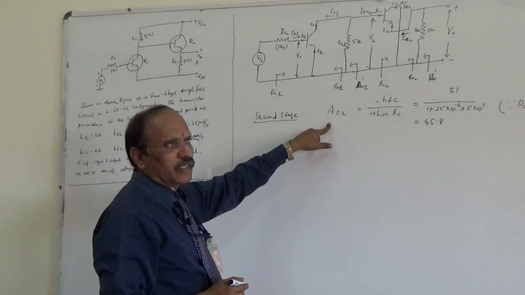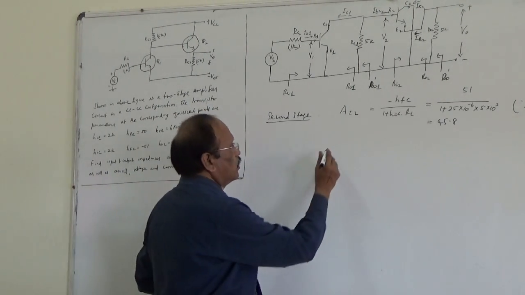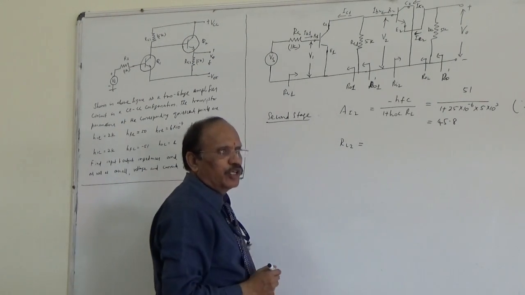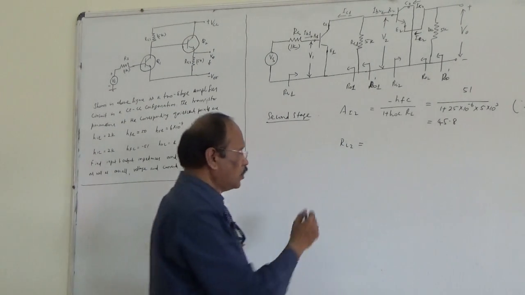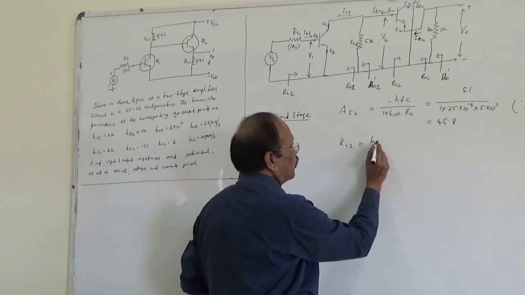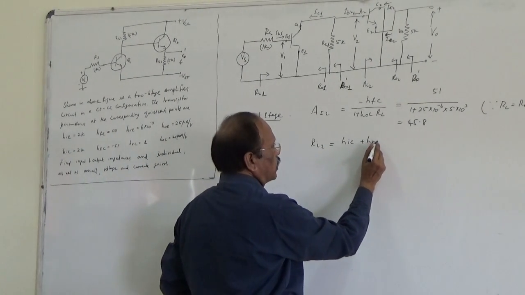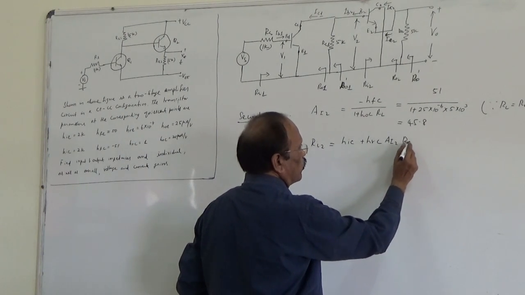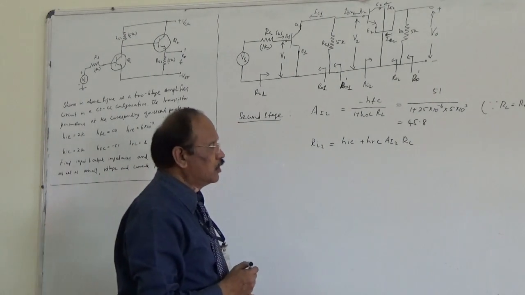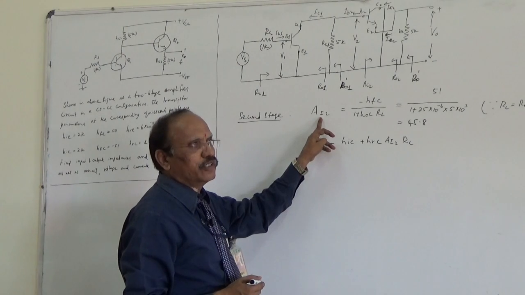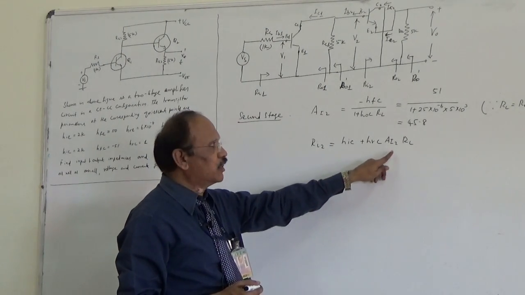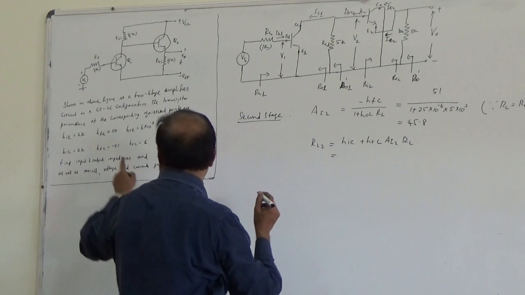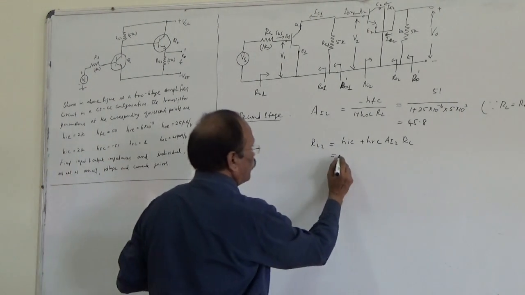After determining the current gain, I have to determine the input impedance for the second stage. This is given by our formula HIC plus HRC into the corresponding gain AI2 into RL. Unless you determine AI2, you cannot determine Ri2 because it involves this parameter. HIC is given as 2K.